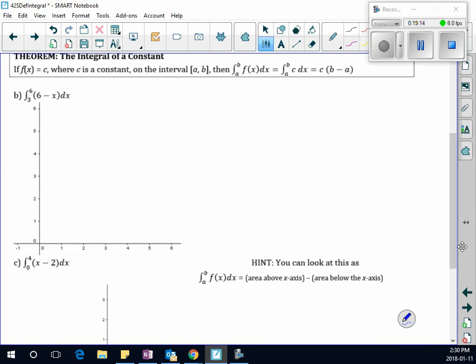This one is the integral from 3 to 6 of 6 minus x dx. So we're going to draw it. How do we draw this? This is a line that has a slope of -1 and a y-intercept of 6, right?